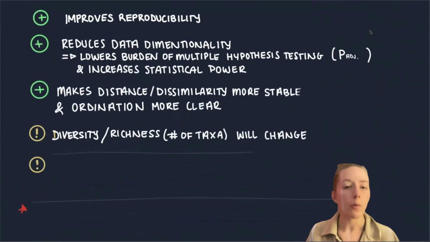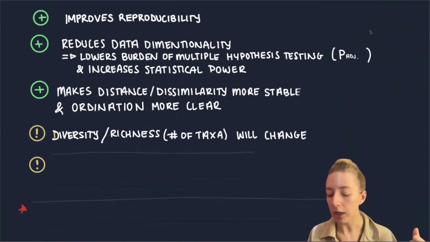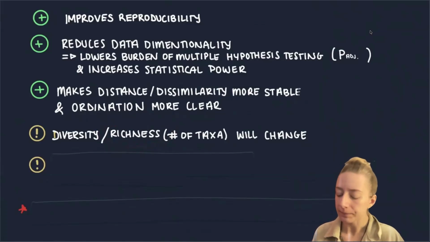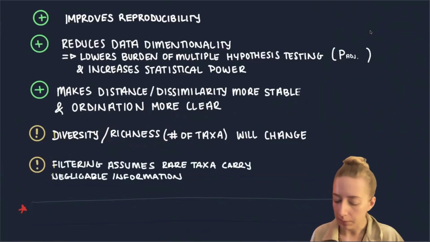The diversity or richness, the number of taxa, will change as a result of removing some of the OTUs or ASVs, right? So filtering them out will reduce the overall richness of our microbiome samples. And this can, of course, alter then our results, our findings, and potentially distort them.